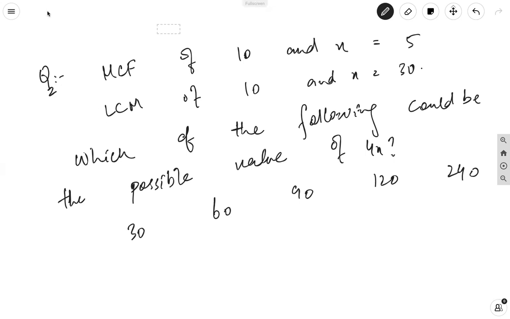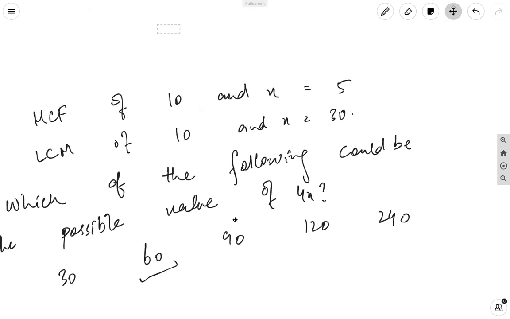Yes, anyone who is still solving, just solve this quickly. It's 60. Yes, it's 60.